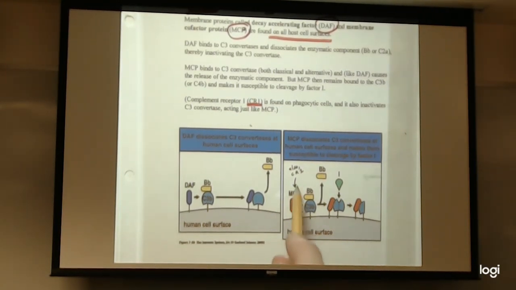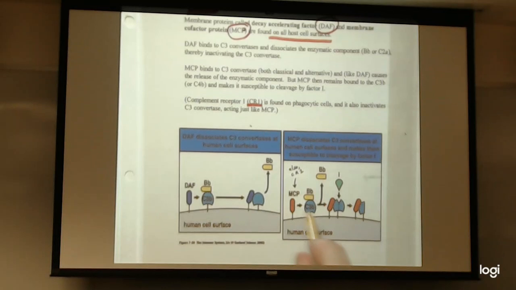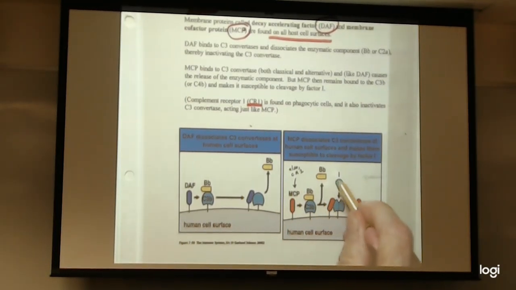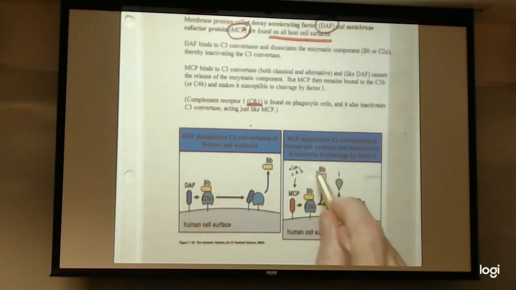Similarly with this membrane cofactor protein, we have C3bBb. MCP will come over, bind this, make a conformational change, and then factor I comes along, cleaves the C3b, and thereby inactivates C3b. So Bb is gone, and C3b is not going to be recruiting any more factor B.